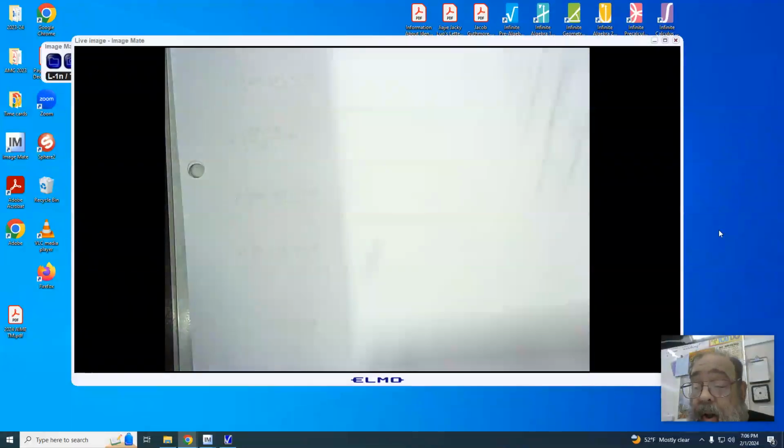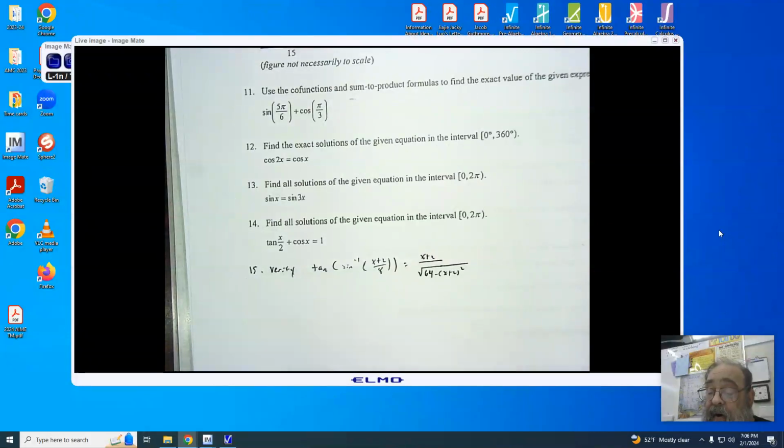That leaves us with only one more problem to work on, and that is trying to verify that the tangent of the arc sine of x plus 2 over 8 is equal to x plus 2 divided by the square root of 64 minus x plus 2 squared. Let's go ahead and now take a look at this one.